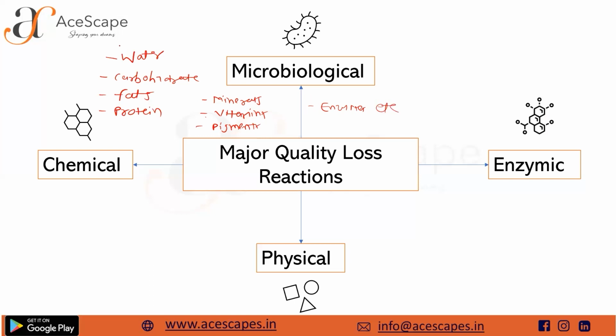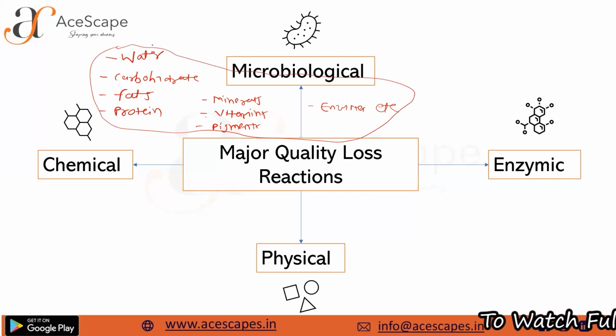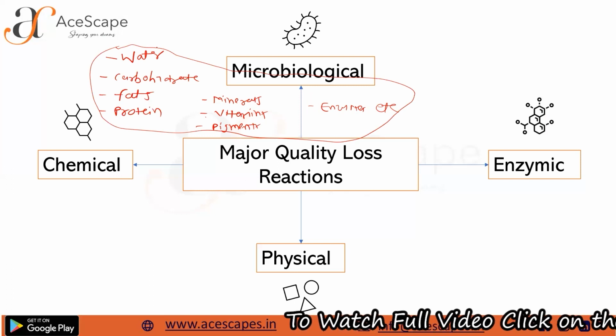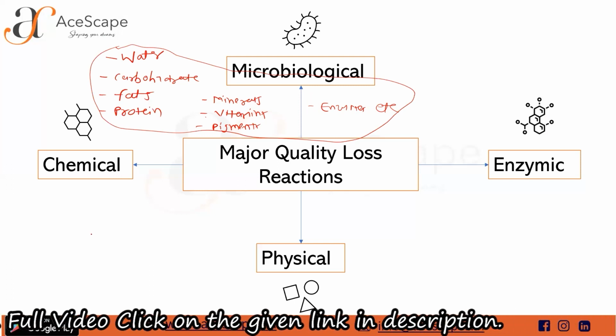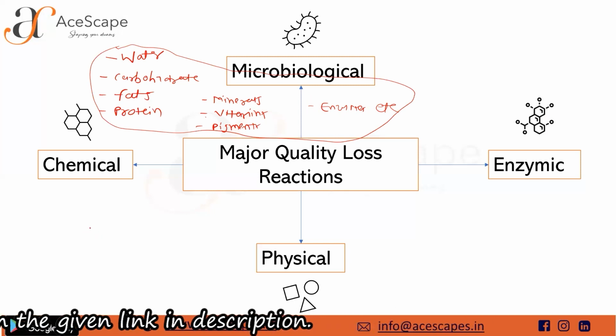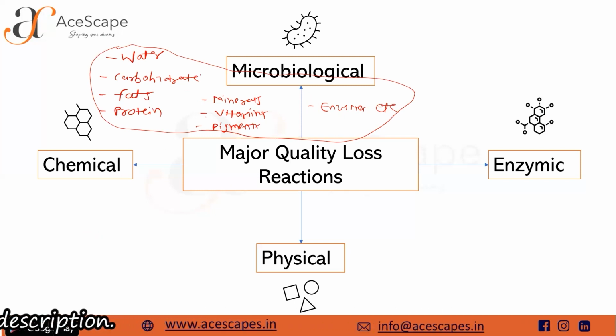So these are the components food is made up of. There may be some others also, like nutraceuticals and some acids, but these are the major ones. And the quality is reduced because of these components' reactions.